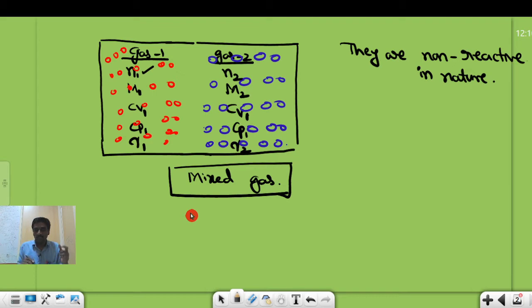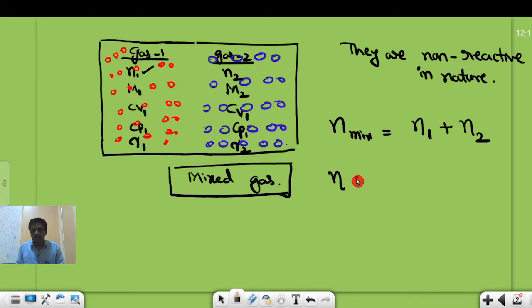N1 moles are available in gas 1 and N2 moles in gas 2. The total number of moles of the mixed gas is the previous number of moles of gas 1 plus that of gas 2, equal to N1 plus N2.